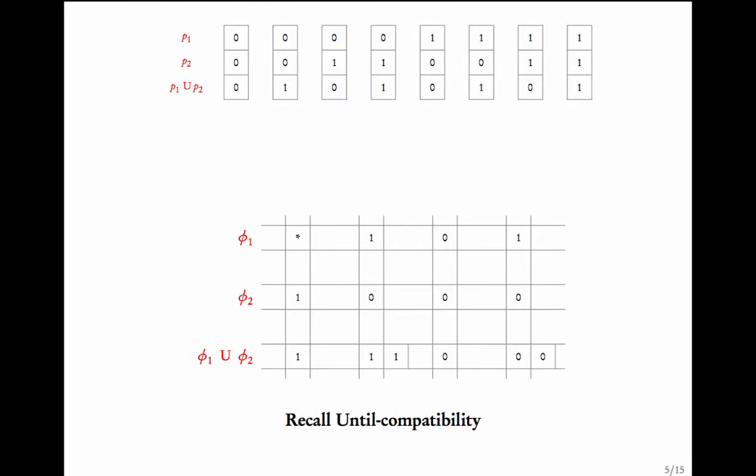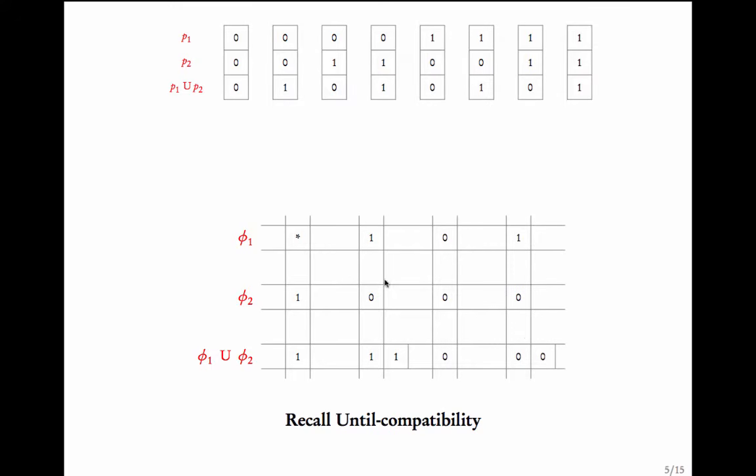However, recall that there are some compatibility conditions. In particular, look at the until compatibility condition. It says that if phi1, phi2, phi1 until phi2 are there as subformulae, then these are the possible values in the columns.